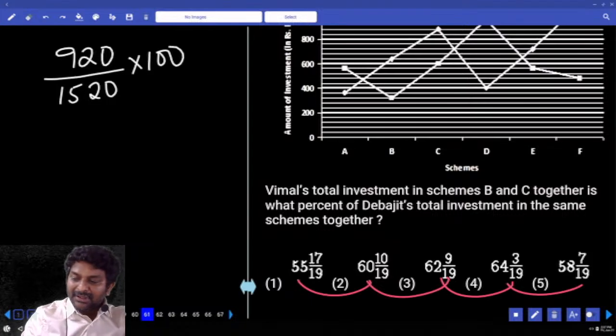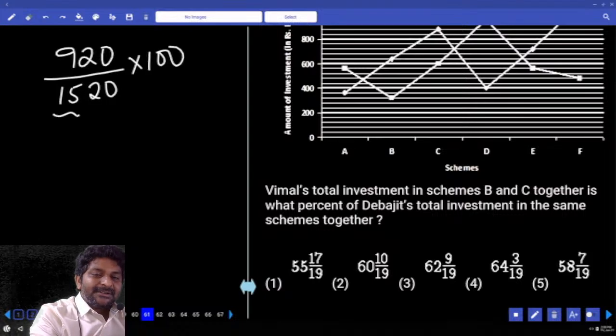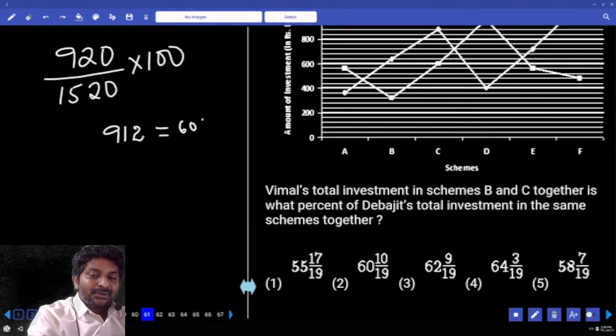Now let's go with directly 60% because all options are close by 60. Okay, now what is 10%? 152. Forget about 2 and consider 150. We'll consider 2 later. 60% in the sense 10% multiplied by 6. 150 6 times, 900. What is left? 2 into 6, that means 912 is equal to 60%.